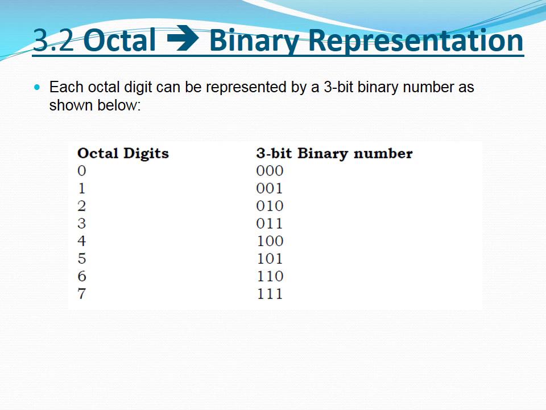Therefore, octal to binary conversions. Each octal digit can be represented by a 3-bit binary number as shown below.